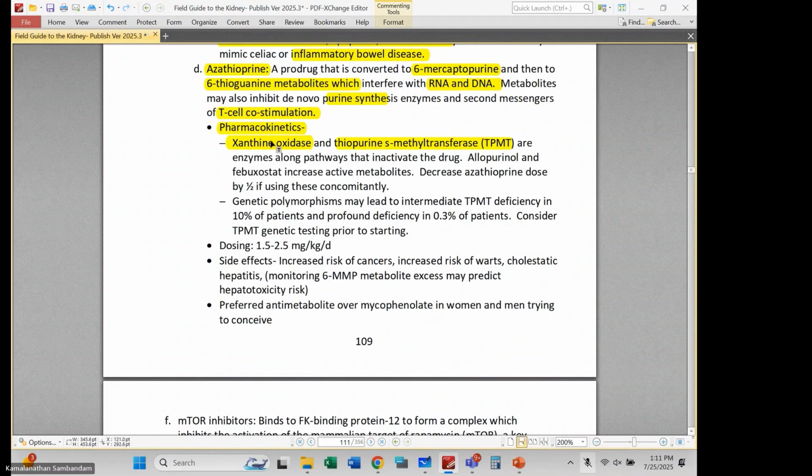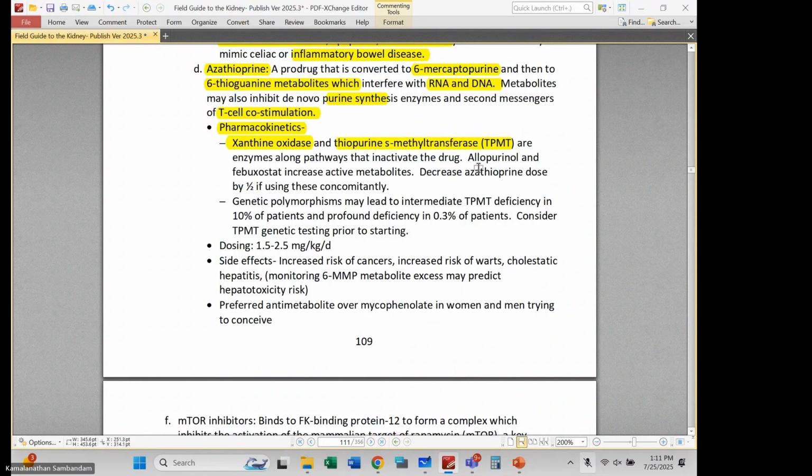Xanthine oxidase is one of those pathways of metabolism to inactive metabolites. So if you inhibit xanthine oxidase, either with allopurinol or febuxostat, you will dramatically increase the toxicity to the marrow. You can cause profound cytopenias, okay?